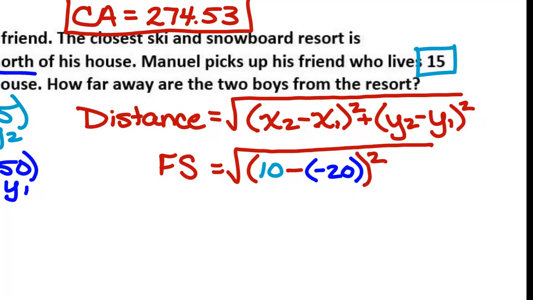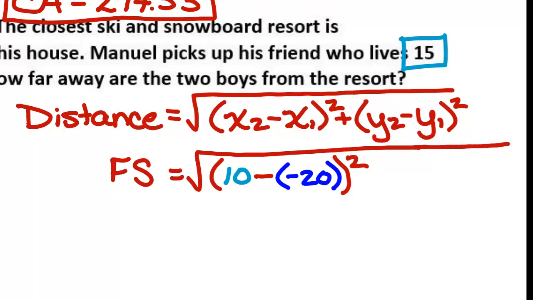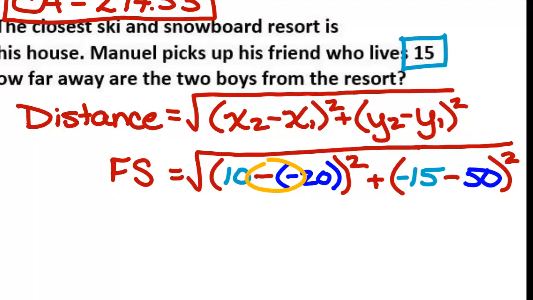Close my parentheses and square it. And then plus, and now I need Y2, negative 15, minus Y1, 50. Close my parentheses and square it. You guys already answered this for me once. What happens when I subtract a negative like this?